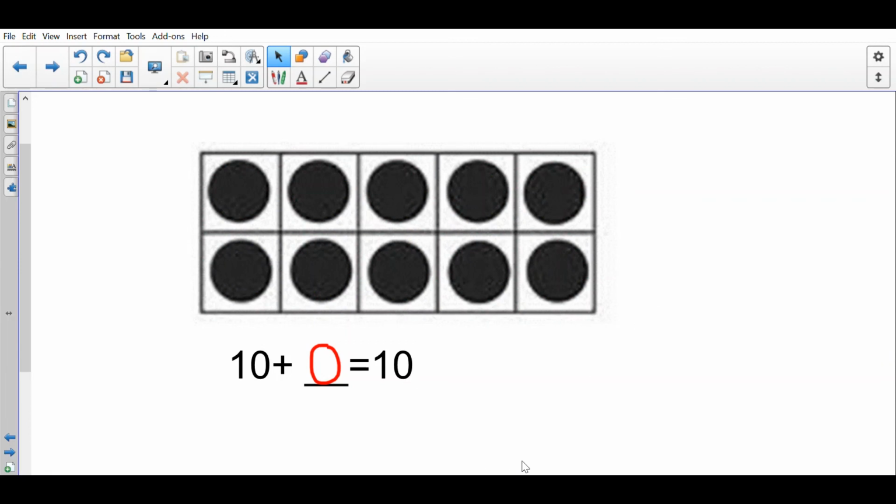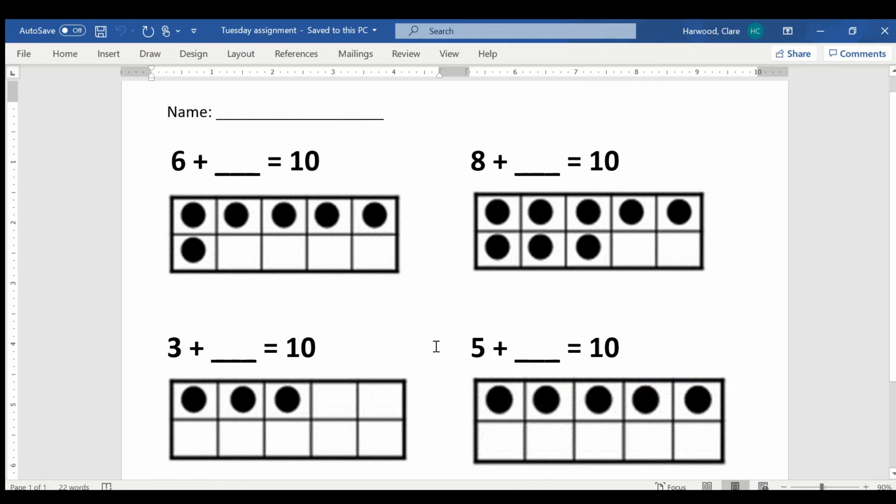Now we're going to look at our assignment. Your assignment for today is to finish these 4 10-frame problems. So you can see there's 1, 2, 3, 4 problems that you're going to need to complete today.